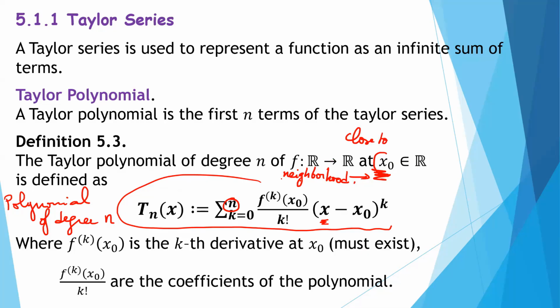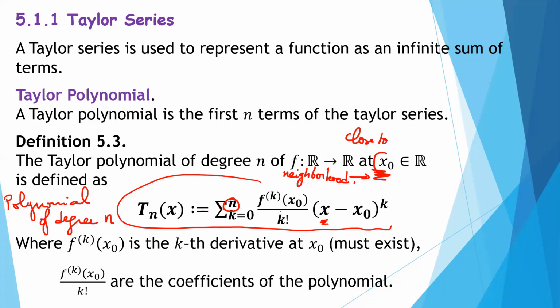Okay, so we'll see why we need this Taylor polynomial, because we'll see that it can be a good approximation of the function f. So when the function f is complicated, we replace f by this polynomial to do some calculations, because calculating the integral of a polynomial is easier than the integral, for example, of some complicated functions.